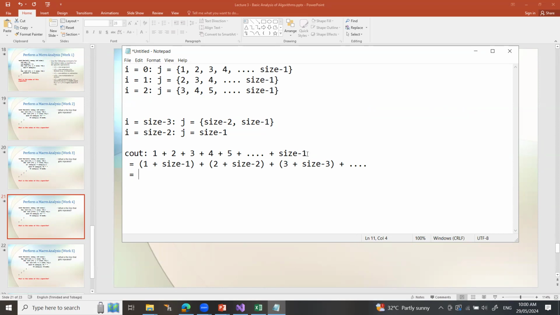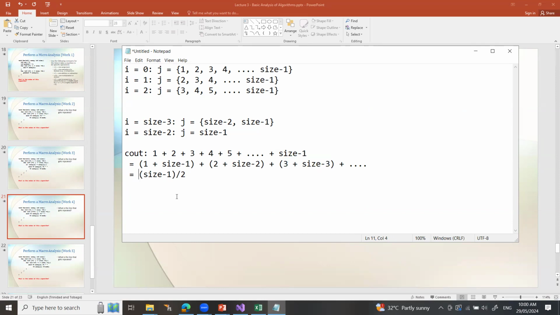Lost you or no? Okay, so the pairs occur size minus 1 over 2 times. And if that occurs that many times, what is the summation equal to? 1 plus size minus 1 is size. 2 plus size minus 2 is size. 3 plus size minus 3 is size.